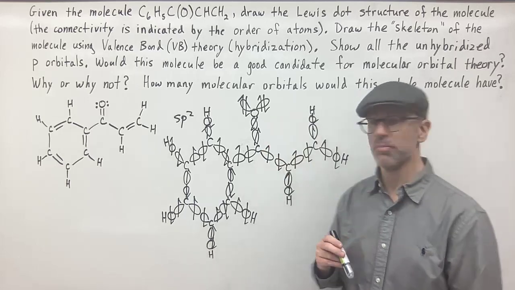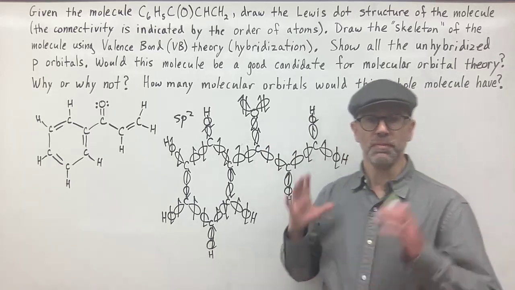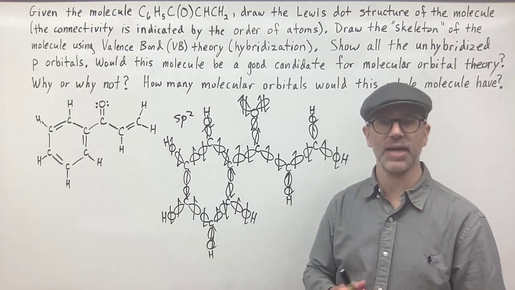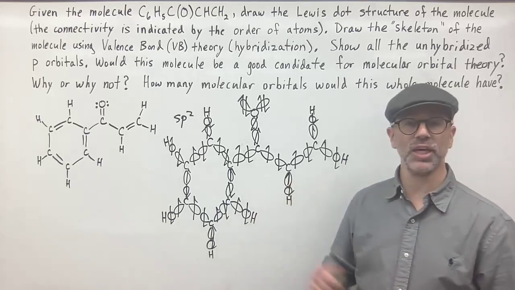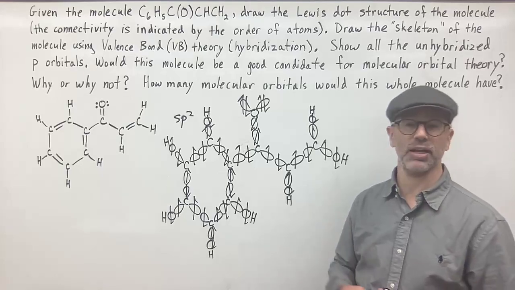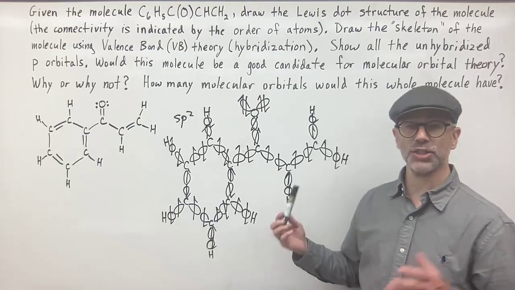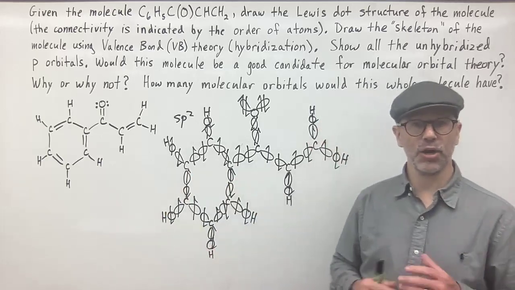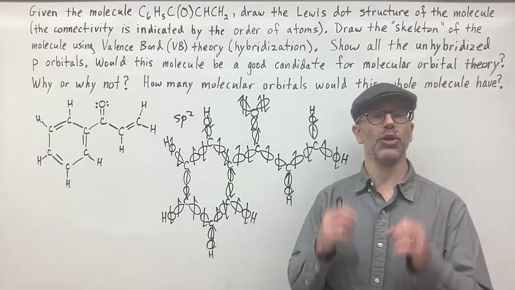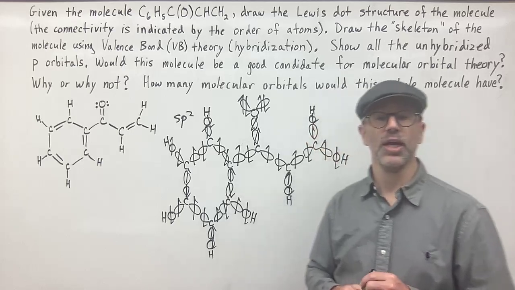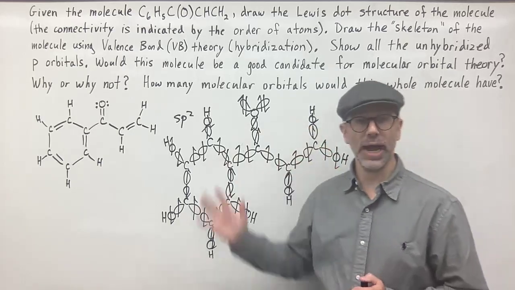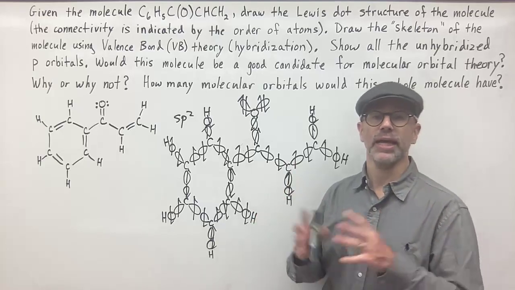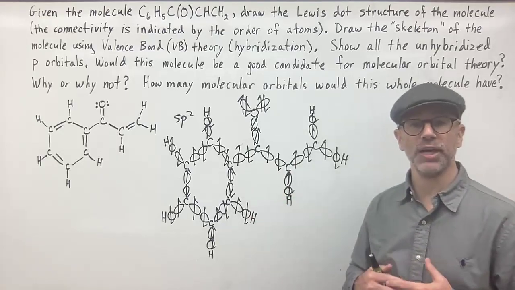So now if we think about delocalization of the electrons and pi bonds and things like that, each of the unhybridized p orbitals is going to have an electron in it. Those electrons are delocalized, which means that those p orbitals can interact to form molecular orbitals. Now we're using molecular orbital theory, right? All of the unhybridized p orbitals can combine together to give molecular orbitals.